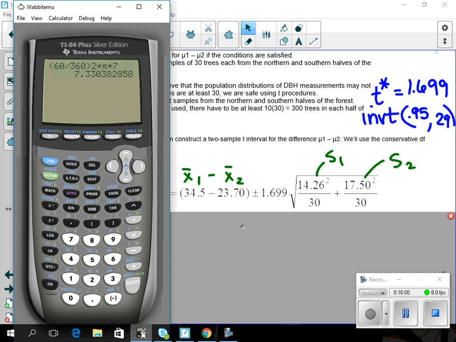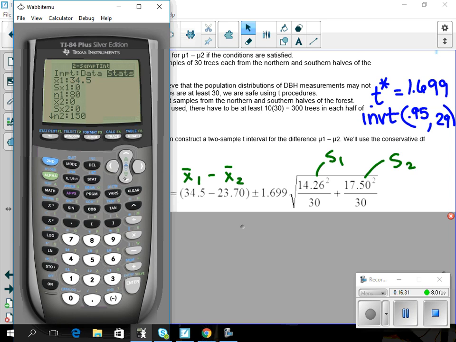And what test are we looking for here? It's not a test. So it's a two sample t interval. Would you agree with that? All right, we don't want the data. Do you agree? We don't have it in lists or anything. We want it in stats. All right, so I don't have the number. Oh, they're right here. What's x bar 1? 34.5.